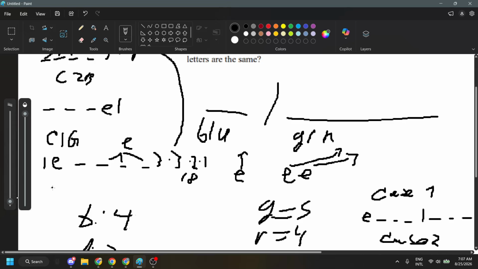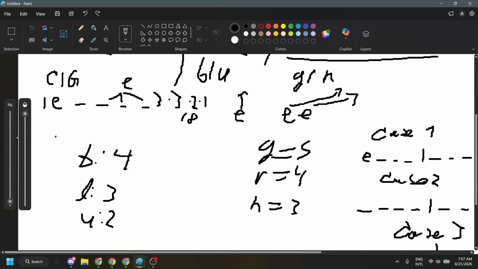Then the other case, case 2 green, is that we have two E's here. So what that's going to look like is either one here, one here, one here, one here, one here, one here.